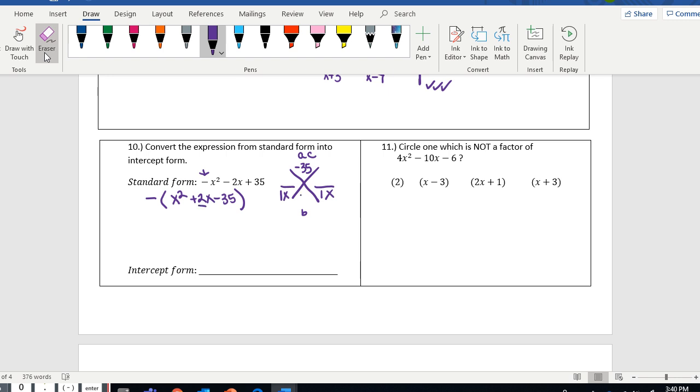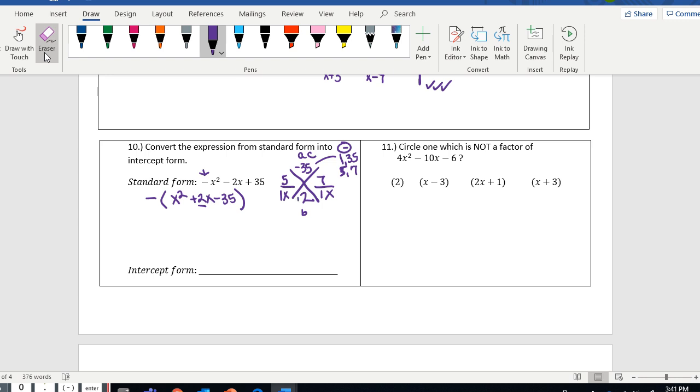B is 2. So I'm going to think of the factors of 35. 1 and 35, 5 times 7. This is a negative, so we're going to be subtracting these to get +2. As you can guess, 1 and 35 won't do that, so 5 and 7 will.